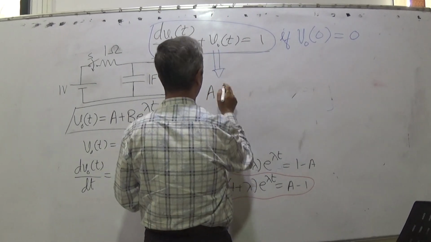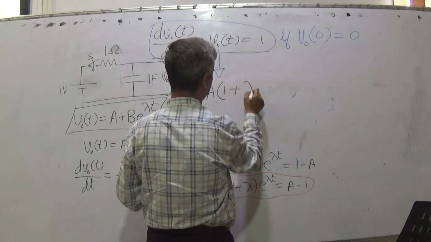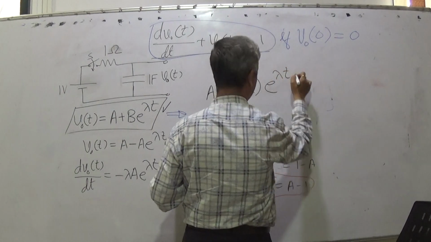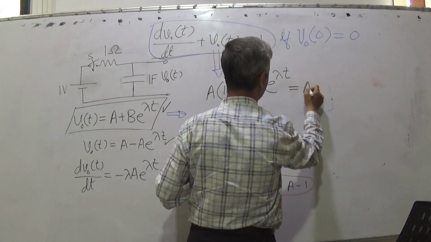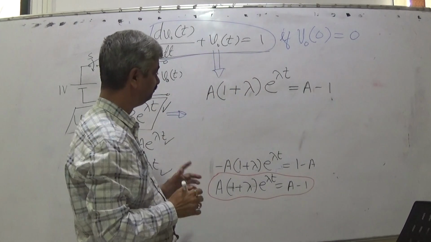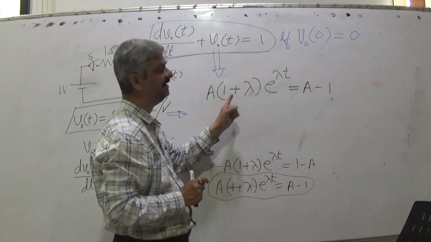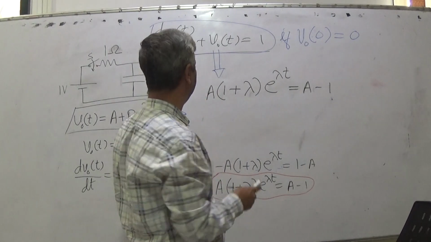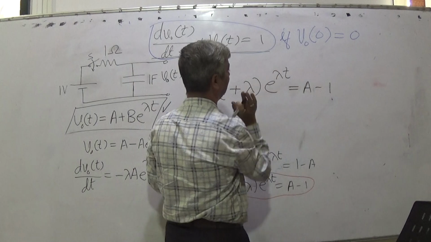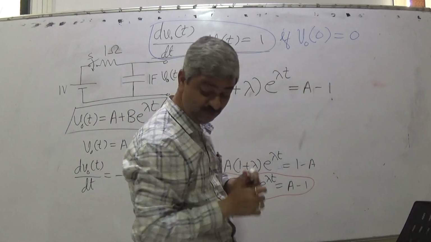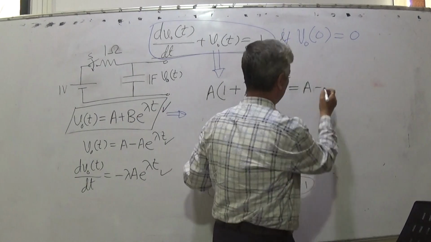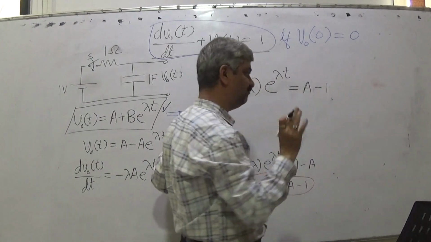A into bracket 1 plus lambda e raised to lambda t must be equal to A minus 1, right? So what is left hand side? Left hand side contains a multiplier and e raised to lambda t. Now I will explain you the method and then I will give you a simple way also, but this method is important.